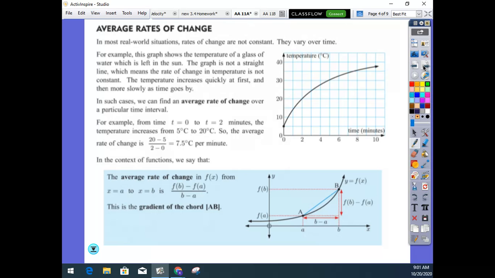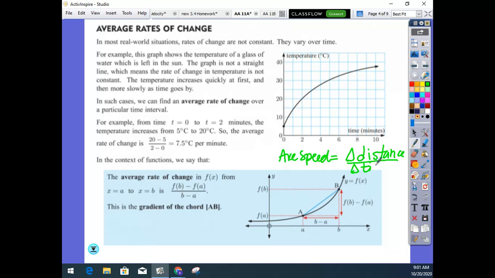To figure out your average speed that it took you to get to Cedar Rapids, you would take your change in the distance, how far it is, divided by the change in time.